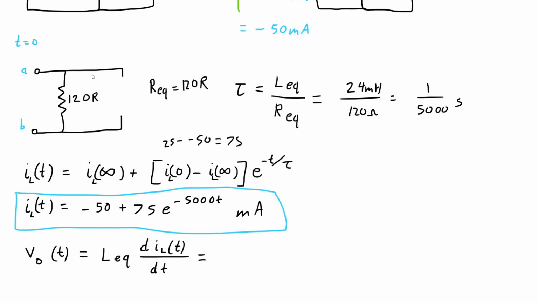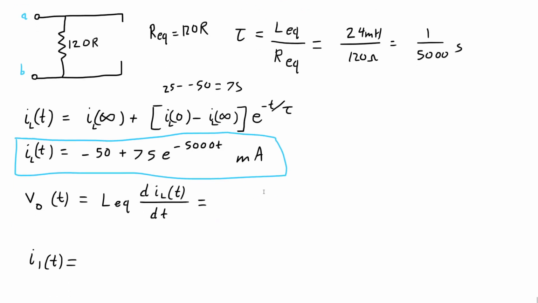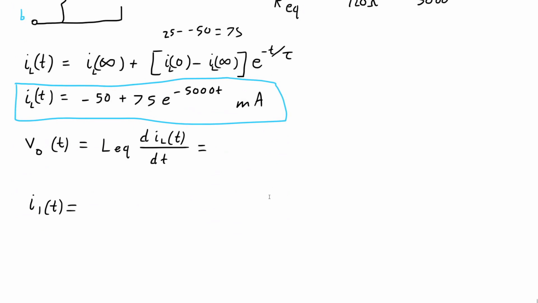So now we're going to take the derivative of this whole thing and multiply by the equivalent inductance to find the VO. So 24 millihenry times the derivative of this thing. The derivative of a constant is going to be 0.